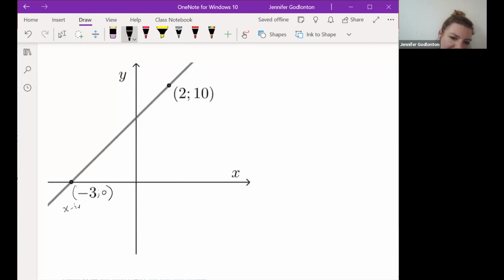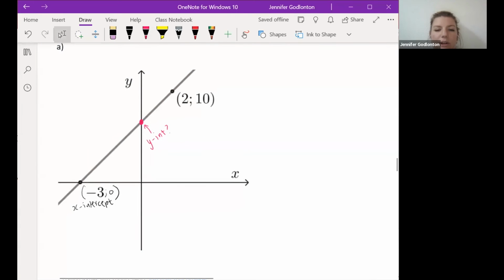This is an x-intercept. And there is no y-intercept. And if there is no y-intercept, then we have no c value, because that pink dot is my y-intercept, and we don't know what it is. So we don't have a c value at the moment.